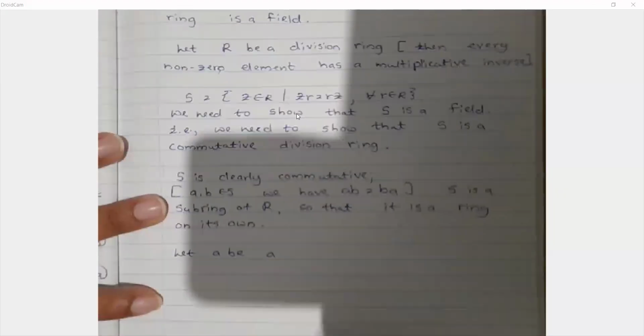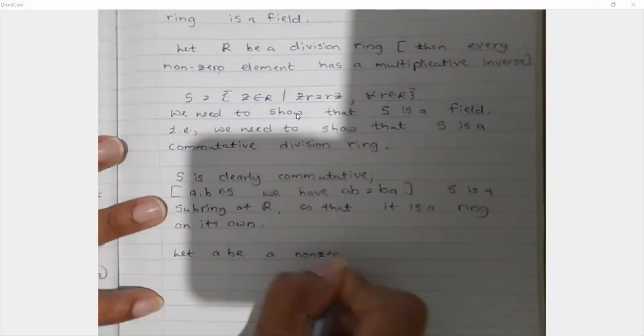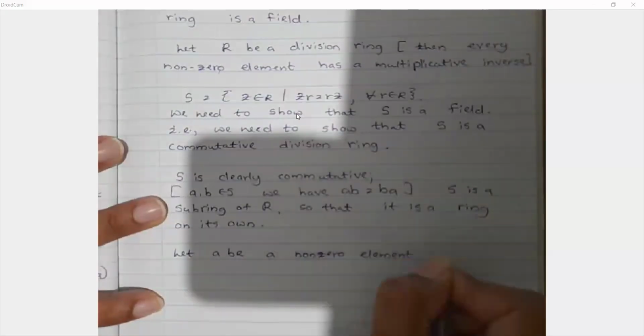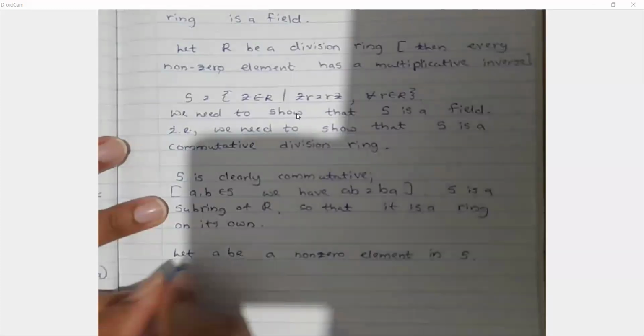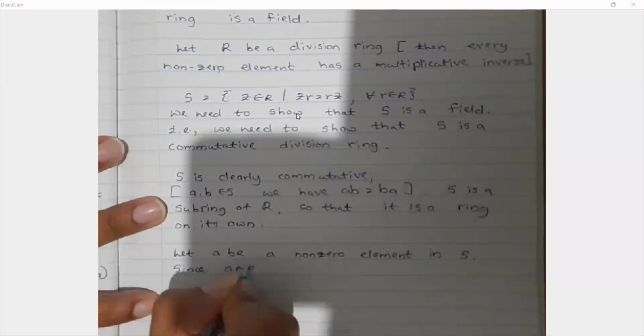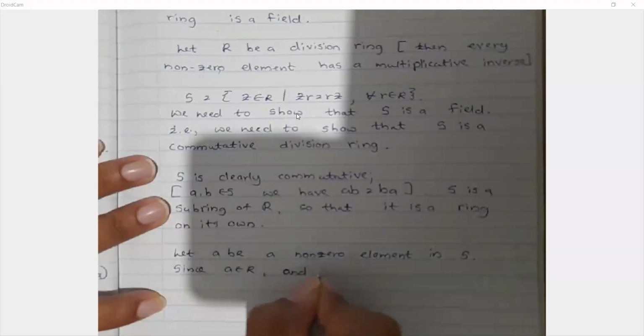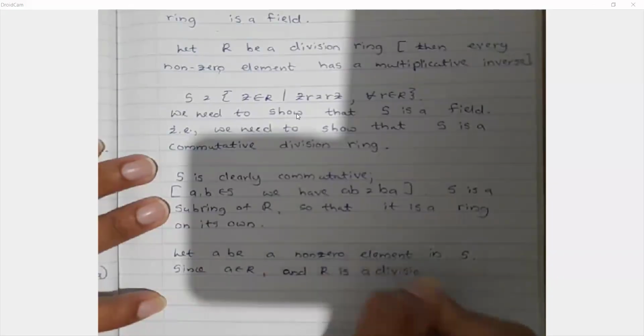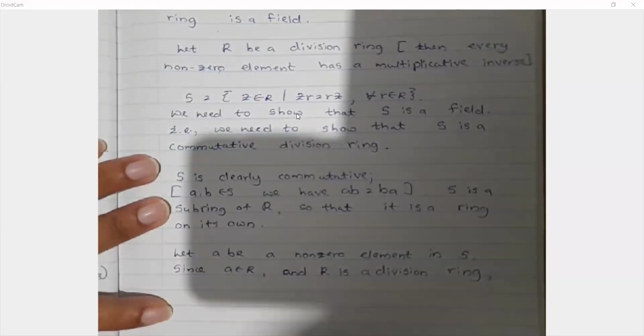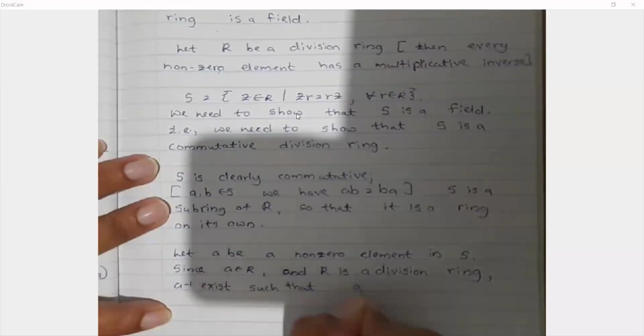So let's start off by arbitrarily choosing any non-zero element in S. Let A be a non-zero element in S. Since A is in R and R is a division ring, its multiplicative inverse, usually denoted by A inverse, exists, such that by definition A times A inverse equals A inverse times A, which is equal to 1.